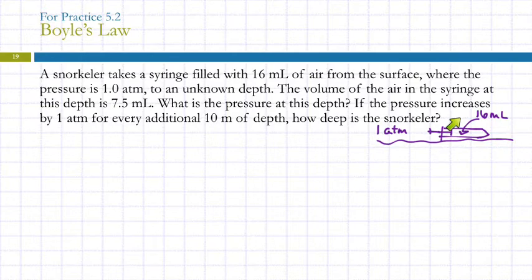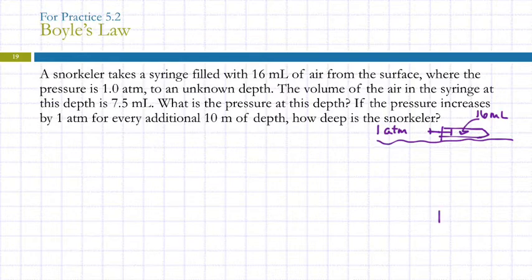As I take the syringe lower and lower in the water, what's happening to the pressure on the outside of the syringe? It's increasing, right? Increasing the pressure on the outside is pushing the plunger in, because gases can compress.